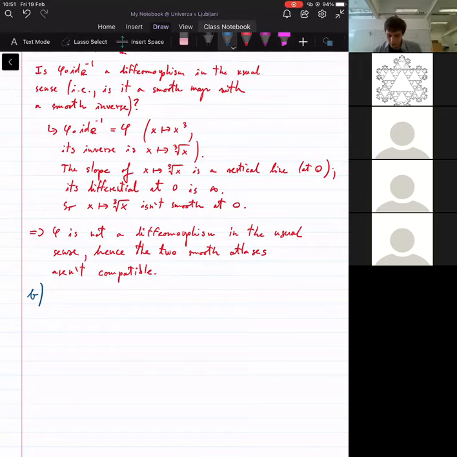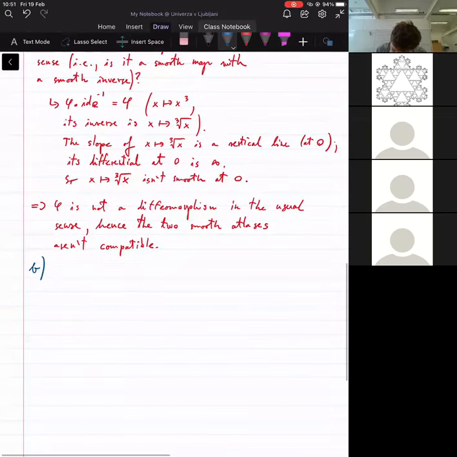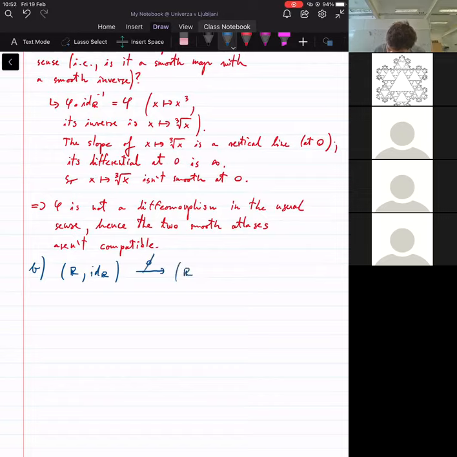So what we're going to do is first maybe draw a picture of some sort. Something like this, R, and let's write it in this way. Here, I am denoting this pair, R and IDR.